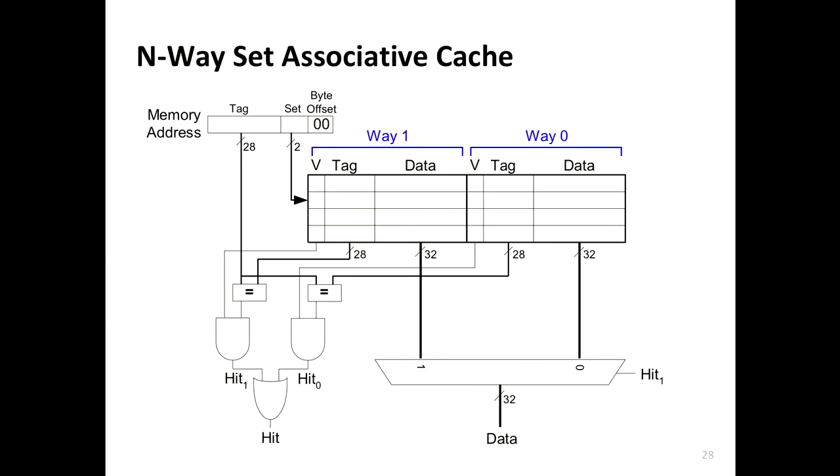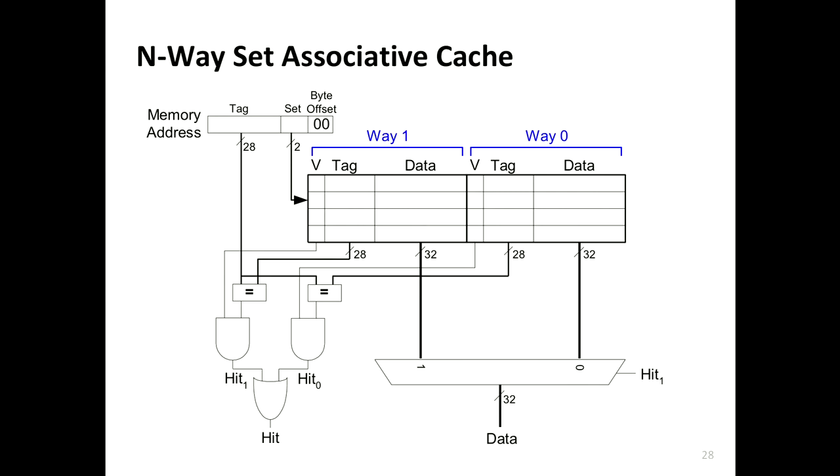Okay, so in a set associative cache, pretty much the same division. You have a memory address, which is separated into tag, set, and byte offset. Assume that the cache has pretty much the same capacity, so you have 8 blocks of data that you can store in this cache.